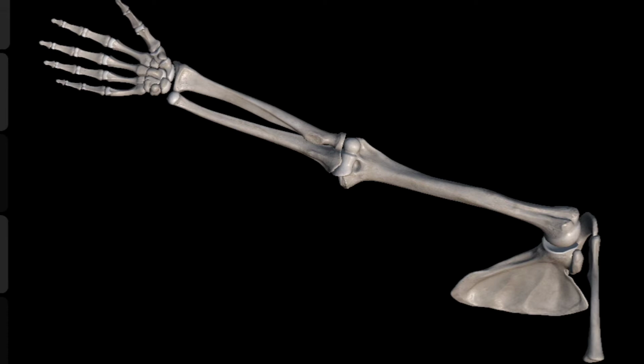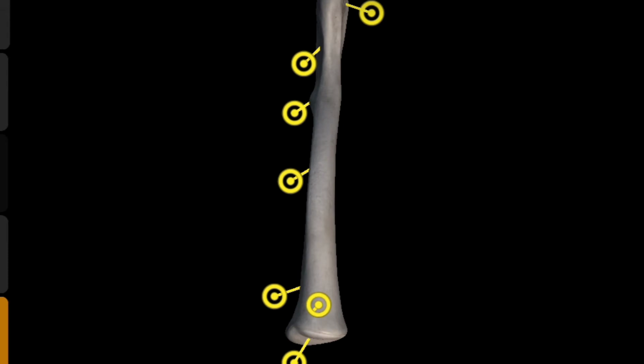Today we will discuss the clavicle, or collarbone, or beauty bone. See, this is the clavicle. This is the anterior view of the clavicle. We will see each and every landmark on the clavicle that is clinically very important.